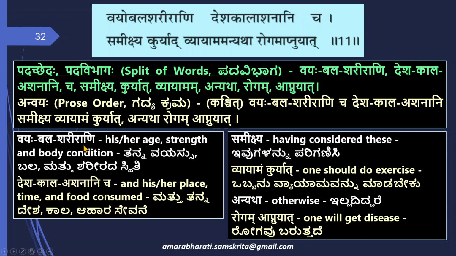Vayah bala sharirani, for his age, strength, his or her age, strength and body condition. Desha kala ashanani cha, and his or her place, time and food consumed. Samikshya, having considered these, vyayamam kuryat, one should do exercise. Anyatha, otherwise, rogam apnuyat, one will get disease.